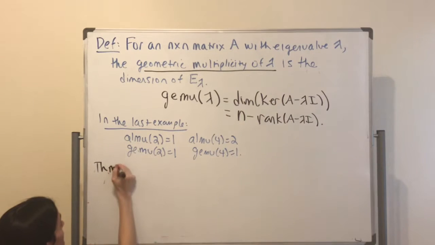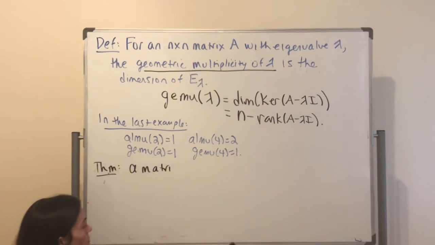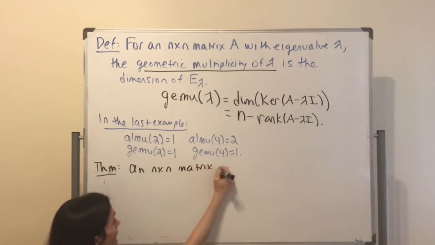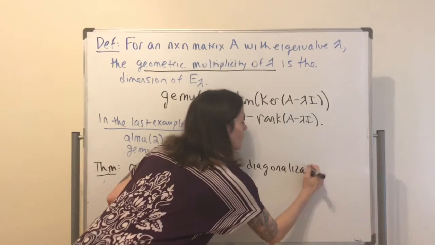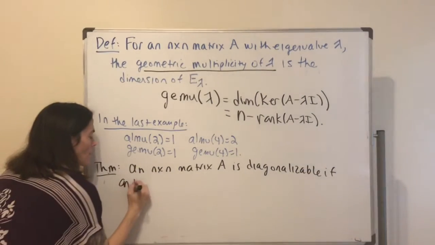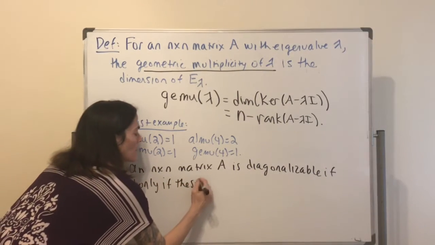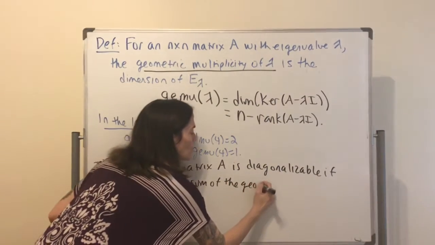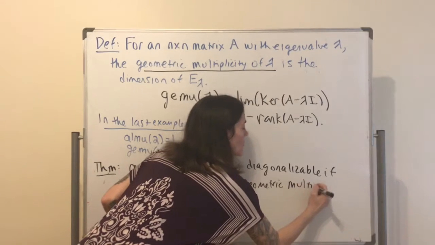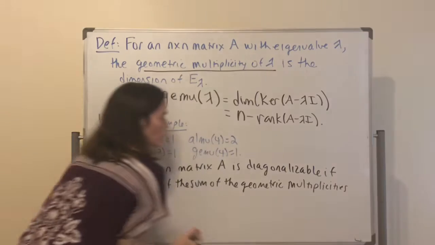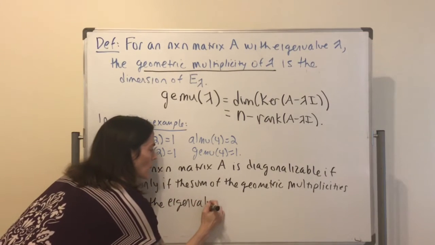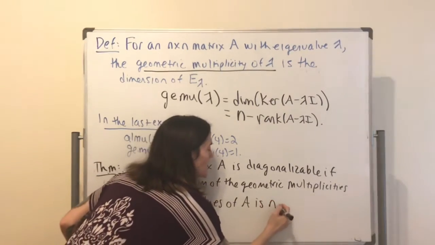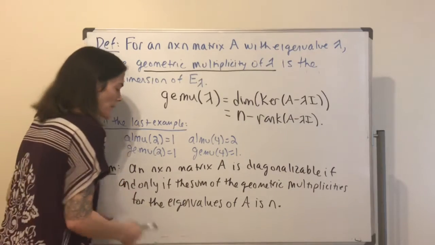So, theorem: an n by n matrix A is diagonalizable if and only if the sum of the geometric multiplicities for eigenvalues of A is n.